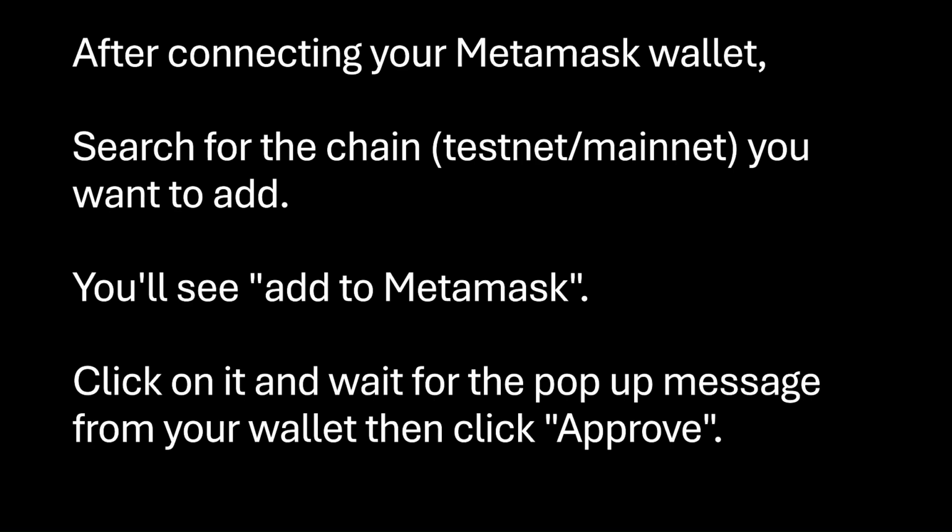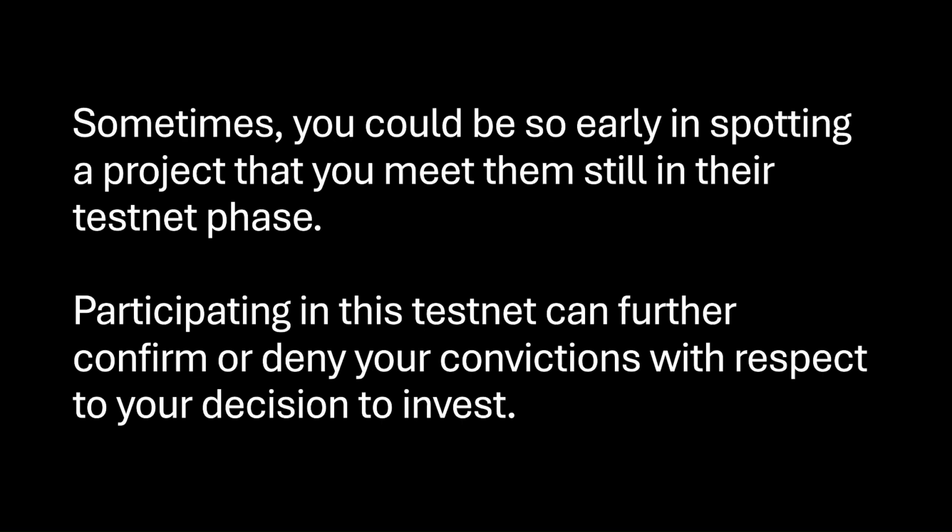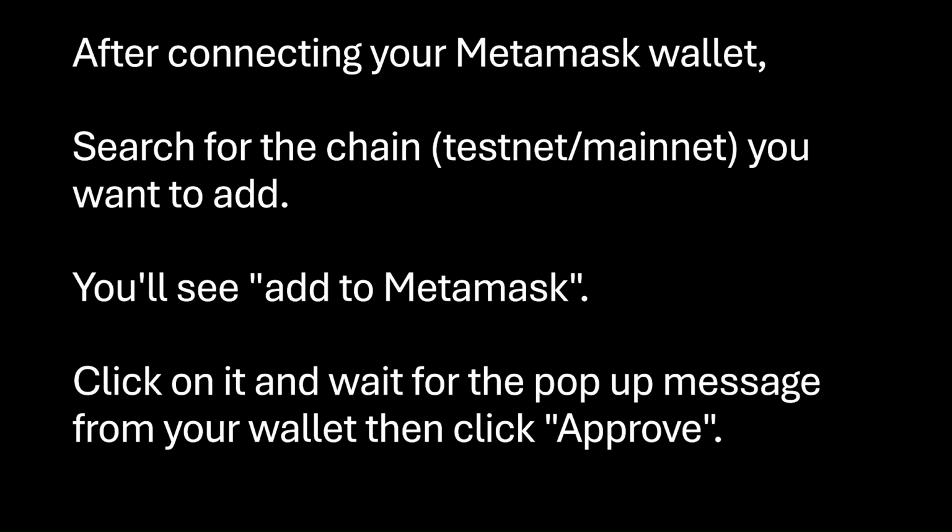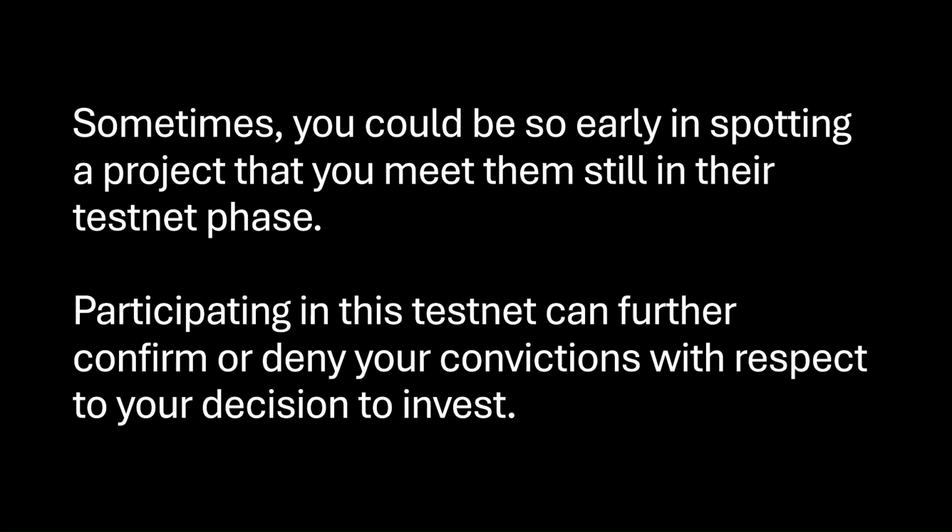You'll see Add to MetaMask. Click on it and wait for the pop-up message from your wallet. Then click Approve. Once you click Approve, the RPC will be added to your wallet, and then you would be able to interact on that testnet or mainnet.